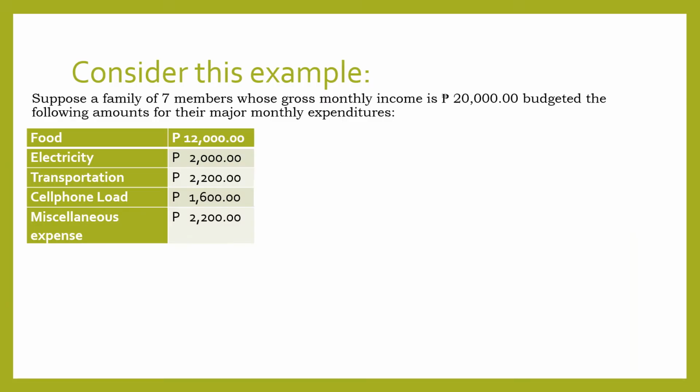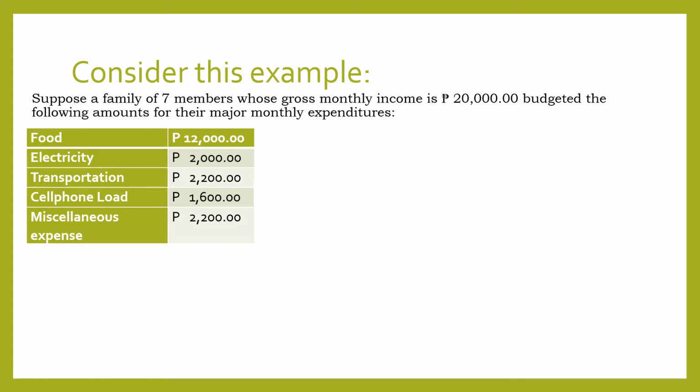Let us consider this example. Suppose a family of 7 members whose gross monthly income is 20,000 pesos budgeted the following amounts for their major monthly expenditures: 12,000 for food, 2,000 for electricity, 2,200 for transportation, 1,600 for cell phone load, 2,200 for miscellaneous expense.